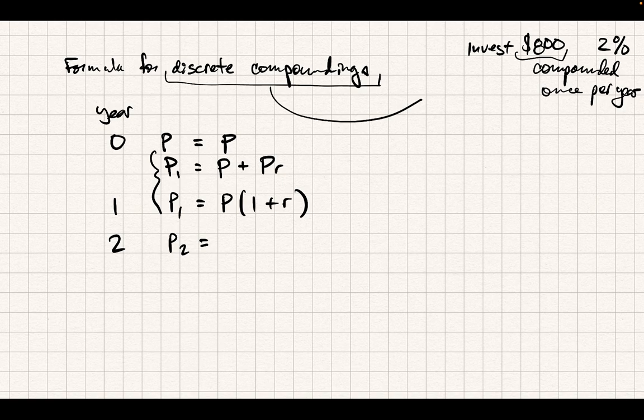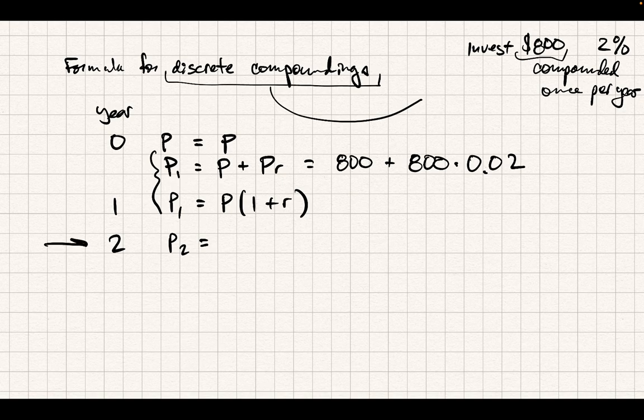So this would be $800 originally, plus $800 times, what is 2% as a decimal? 0.02, and that gives me my new amount. So they take 2% of your balance and they add it to your original balance.